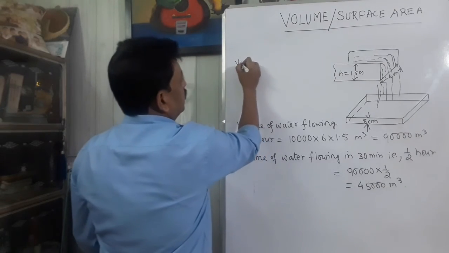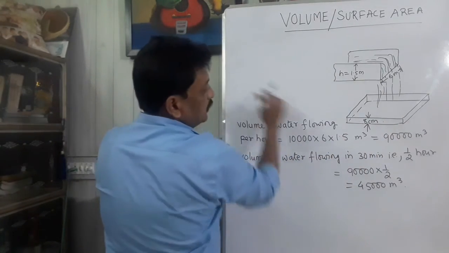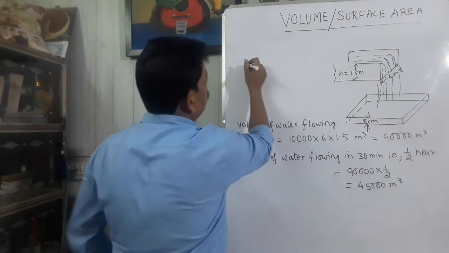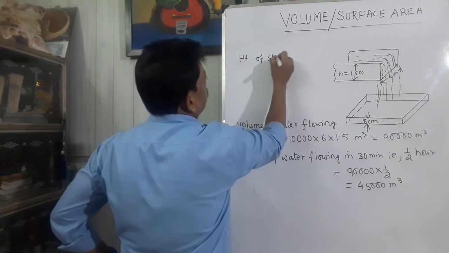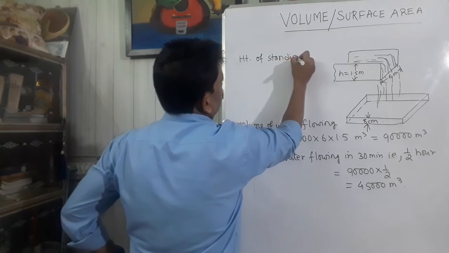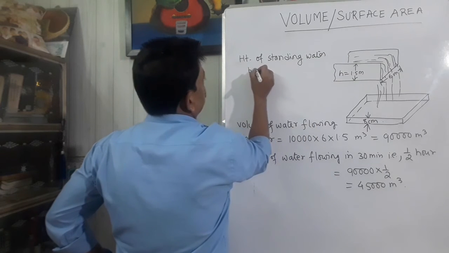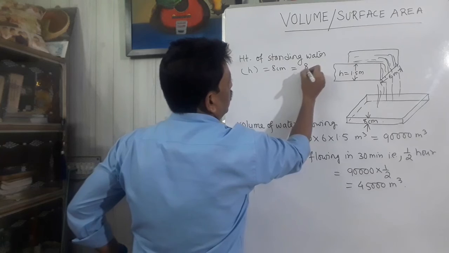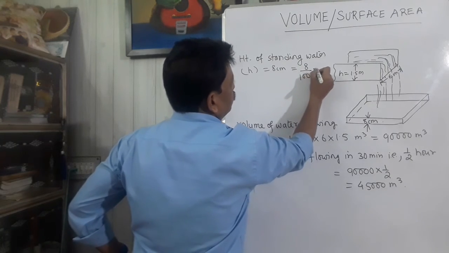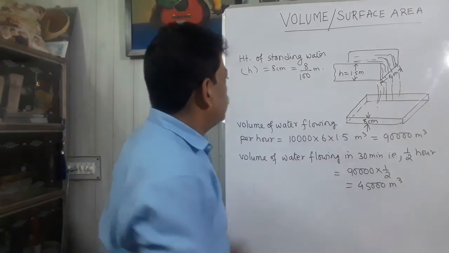Now volume of water in the field. First of all, the height of standing water, it is in terms of centimeter to be converted into meter. So height of standing water h equals to 8 centimeter equals to 8 upon 100 meter, and the area we have to find.